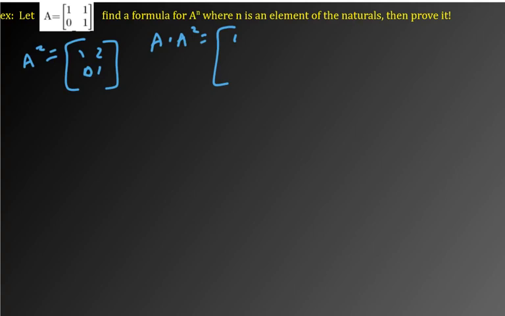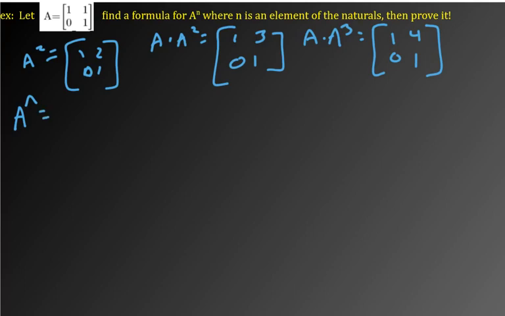And then if you do A times A squared, you're going to get 1, 3, 0, 1. And you probably already see the pattern, but let's just do one more. A to the fourth would be 1, 4, 0, 1. And so you start to see that A to the n might be 1, n, 0, 1 for all natural numbers. All right, and it actually is.